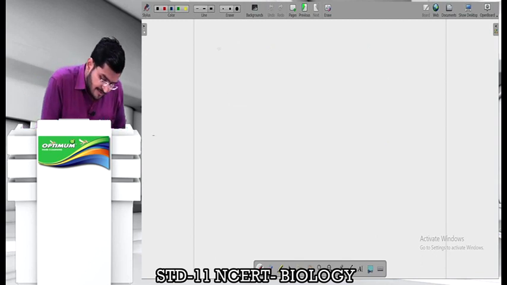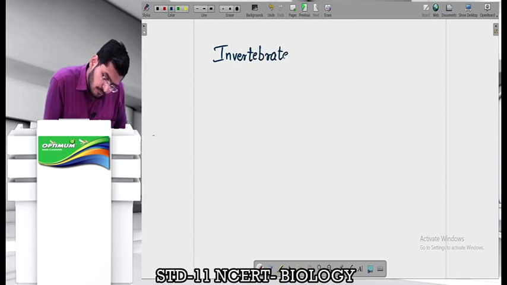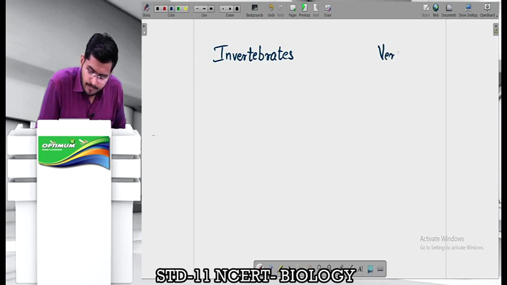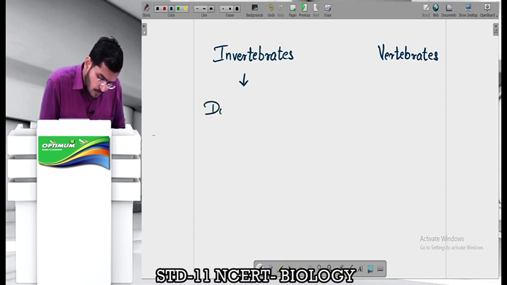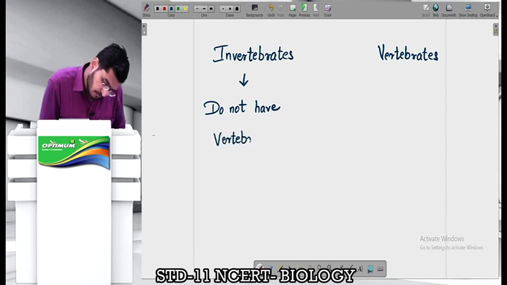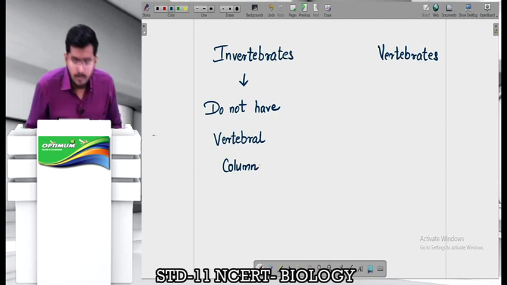Now let us discuss invertebrates and vertebrates. Invertebrates are those which do not have a vertebral column. They lack a vertebral column, hence they are called invertebrates.